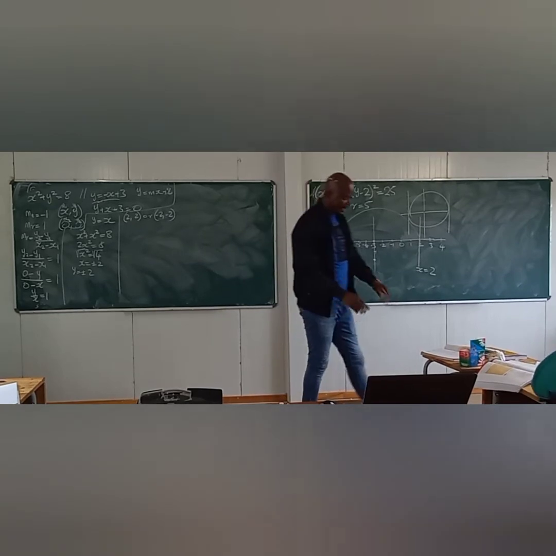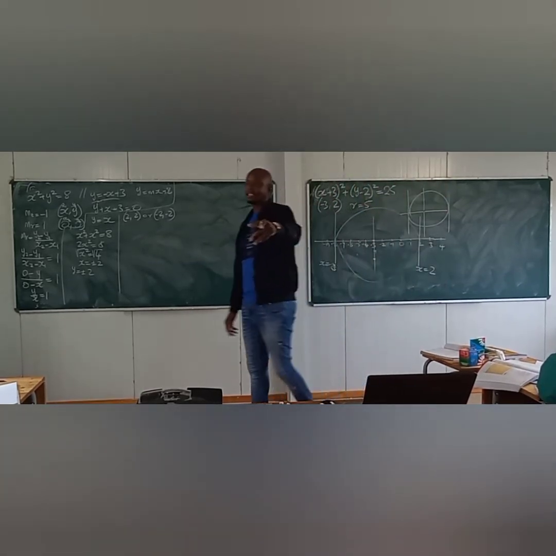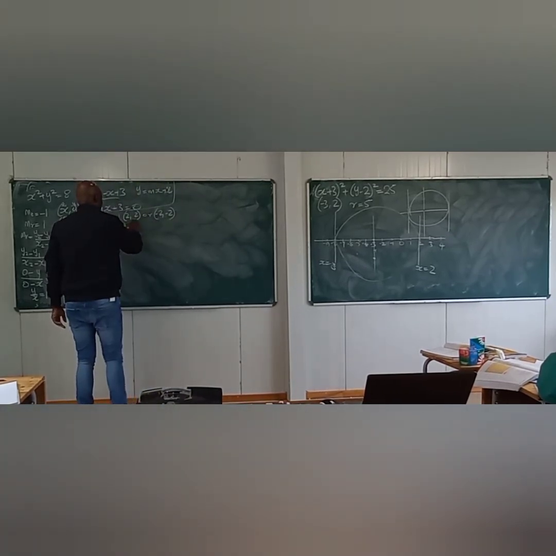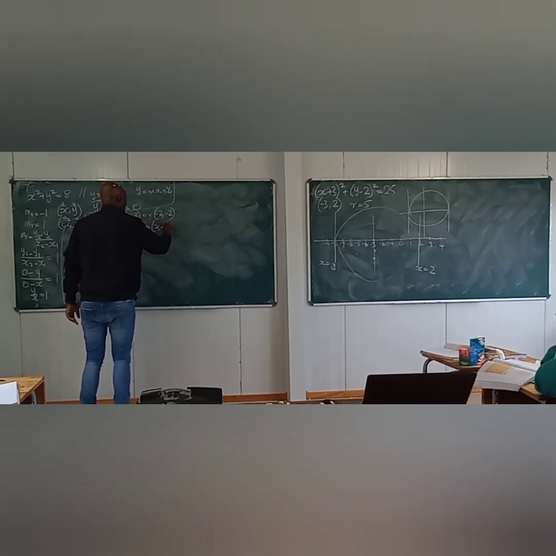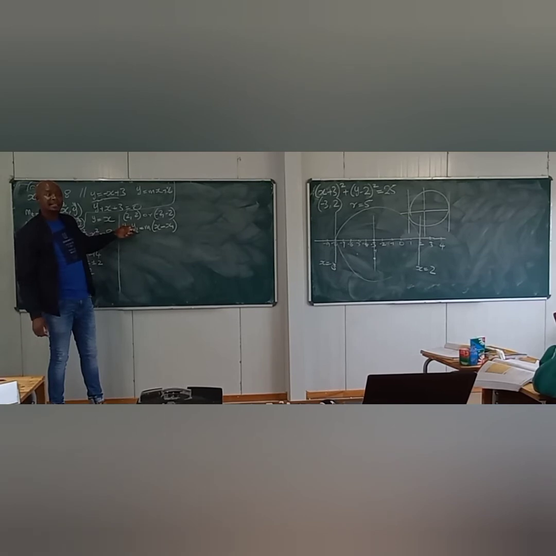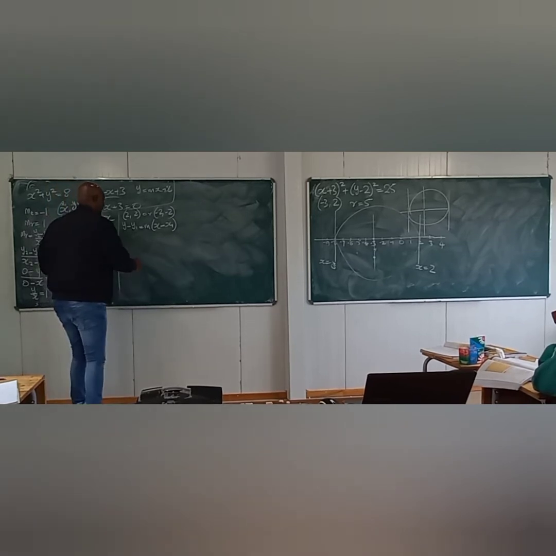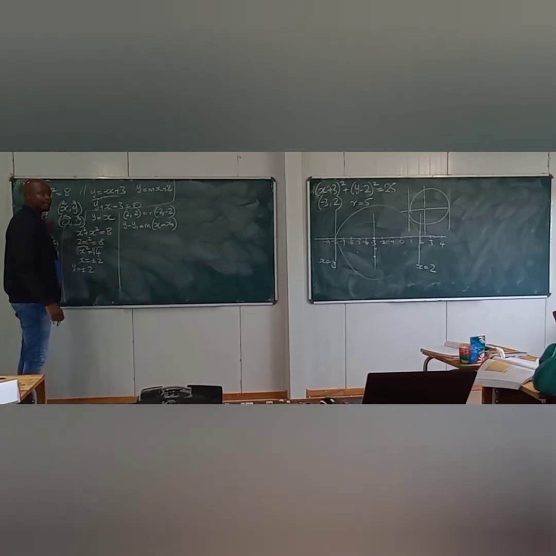Now, check the question. The question is determining the equation of the tangent. Then you use y minus y1 equals to m into x minus x1, because the formula is for a straight line, and the tangent is a straight line. The gradient of the tangent is negative 1.